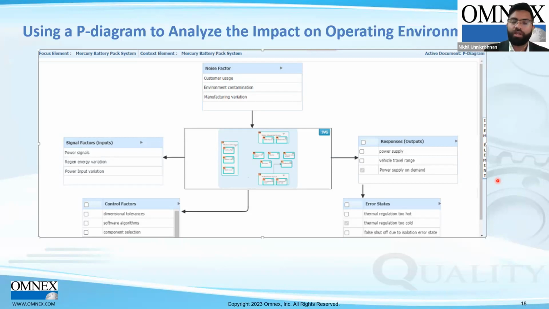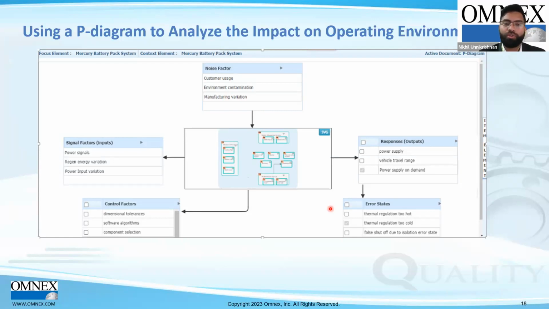So here within the system, we're talking about utilizing a P diagram, and the P diagram is meant to support the analysis that the system will have on its operating environment against noise factors, against signal factors, you have responses, you have control factors, and error states.